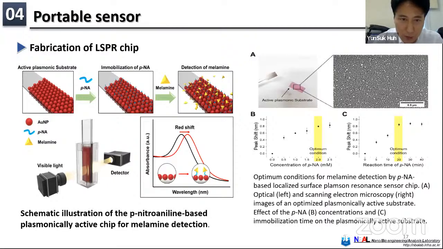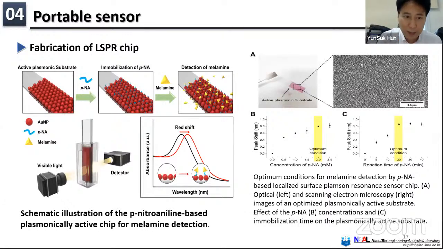Once the receptor material is functionalized onto the plasmonic active glass substrate, we put in a melamine sample. Without any sample preparation step, we can put the infant formula or milk sample into our device, and just wait 5 minutes.